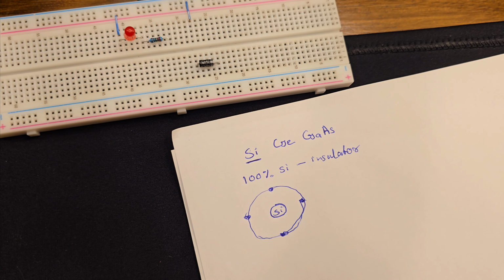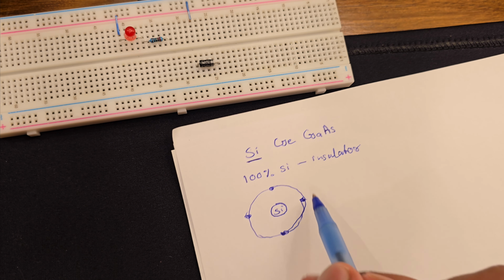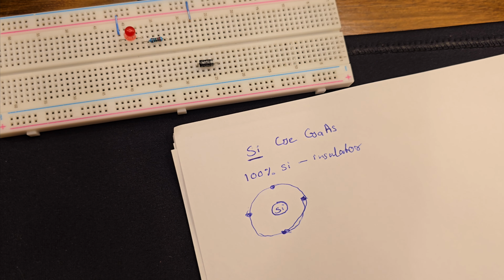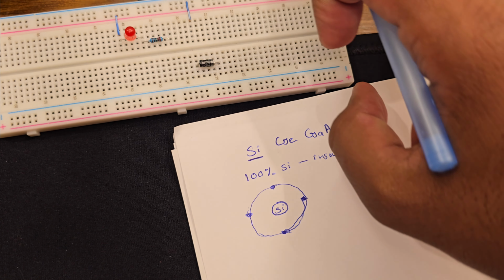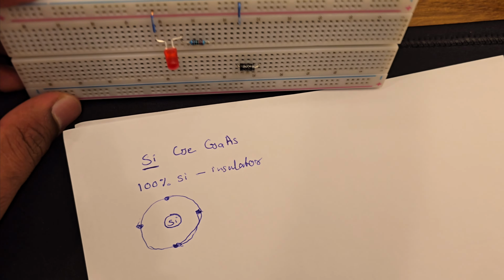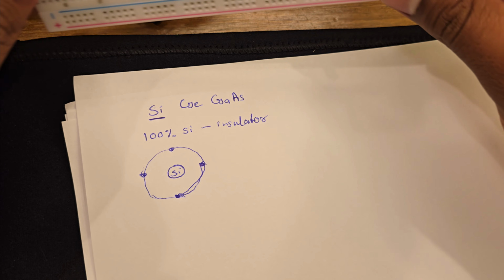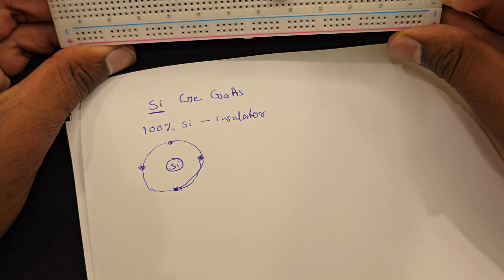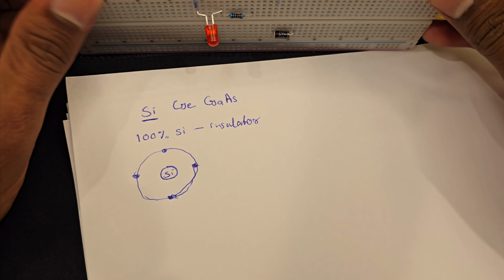These 4 electrons are shared with 4 other silicon atoms in a pure semiconductor silicon crystal. So there are no free electrons to conduct electricity. In order for a material to conduct electricity, it should have some free electrons in its crystal or on its surface. So silicon in its pure form doesn't have any free electrons, so it cannot conduct electricity.